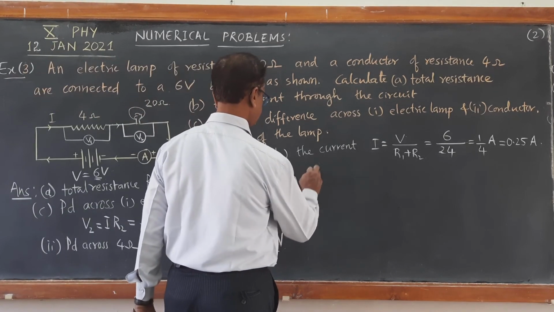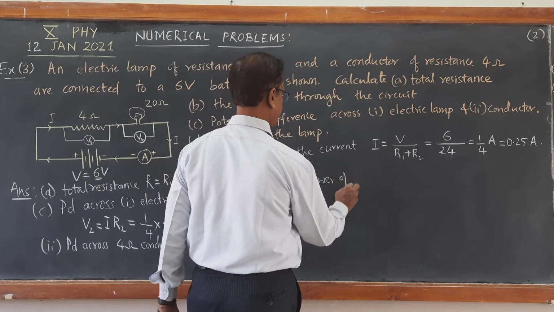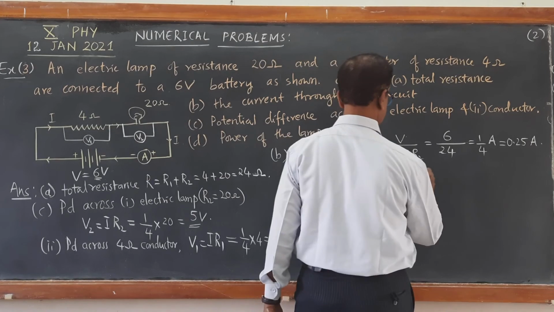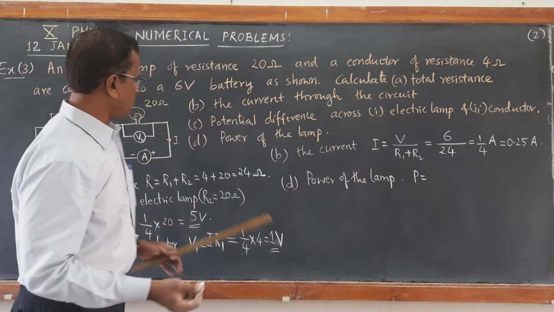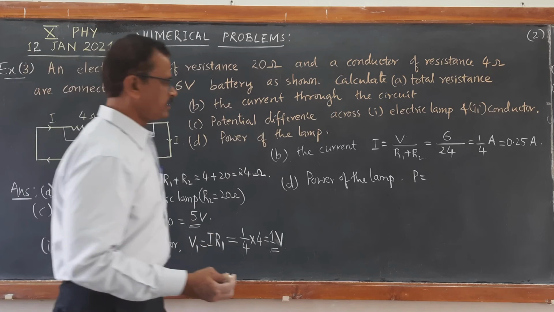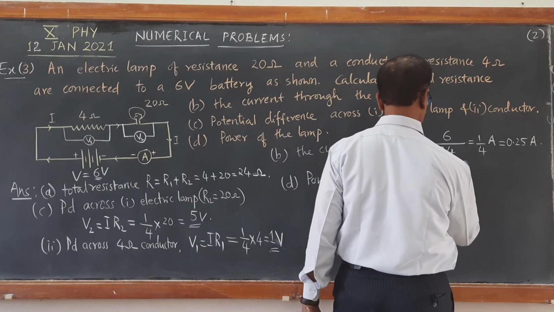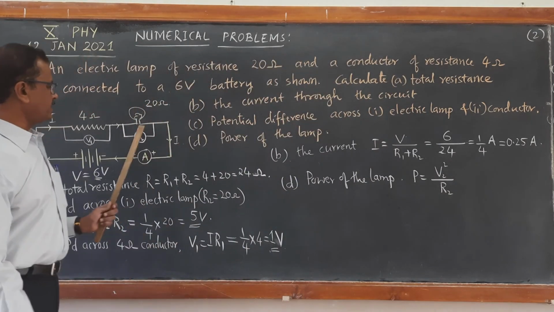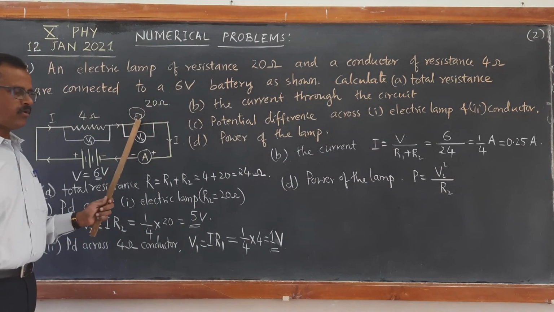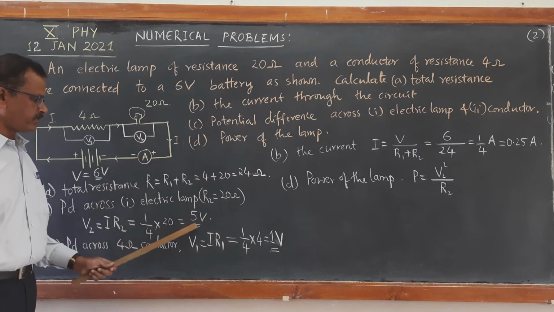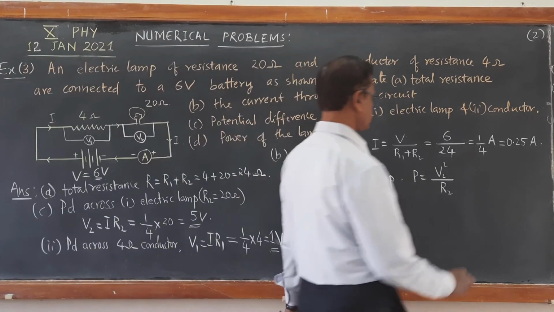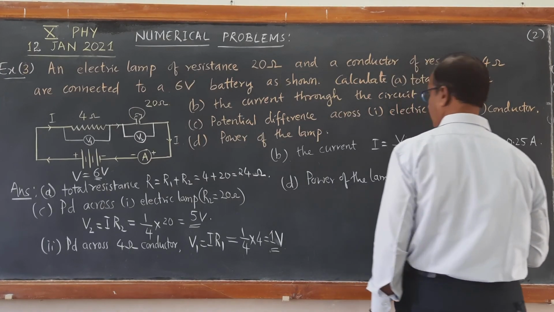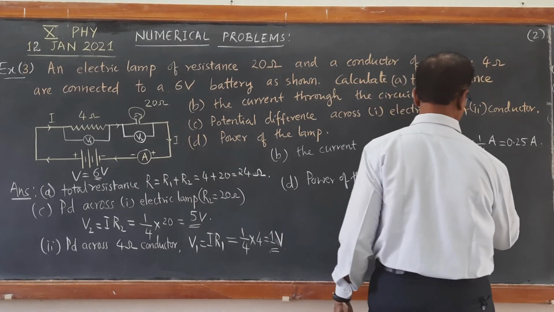Now power of the lamp. Last one. Power of the lamp. P equal to voltage, we know already, the voltage across the lamp. P equals V2 square by R2, where R2 is the resistance 20 ohm and V2 we have already found out is 5. So it becomes 5 into 5 divided by R2. R2 is 20.